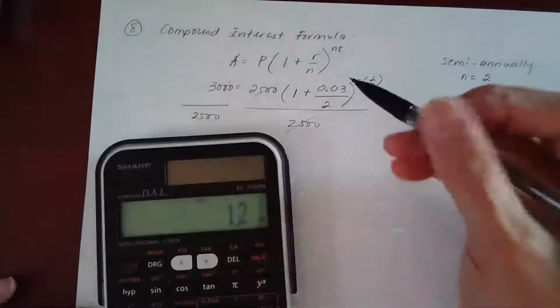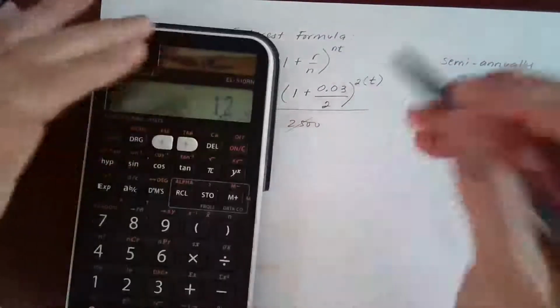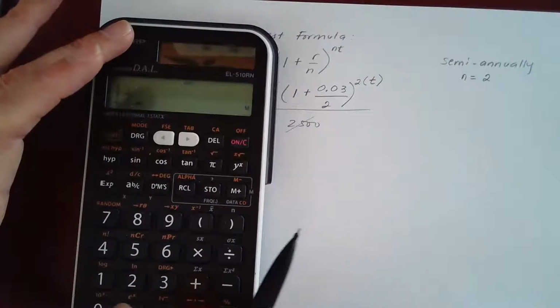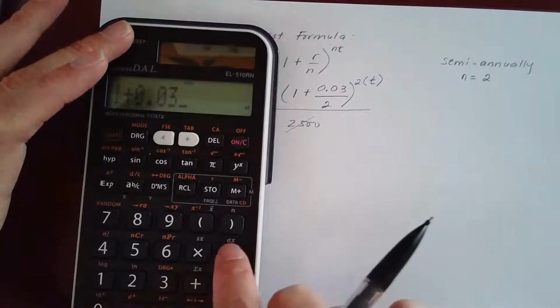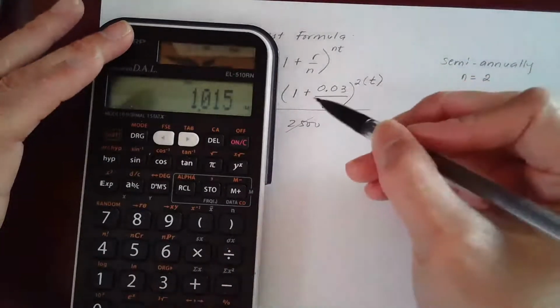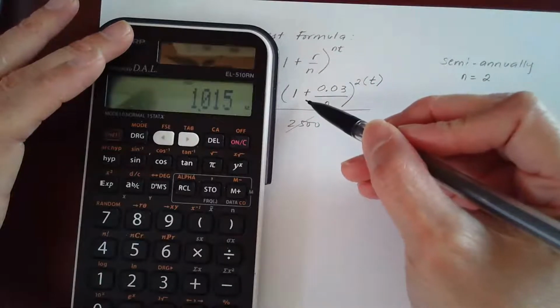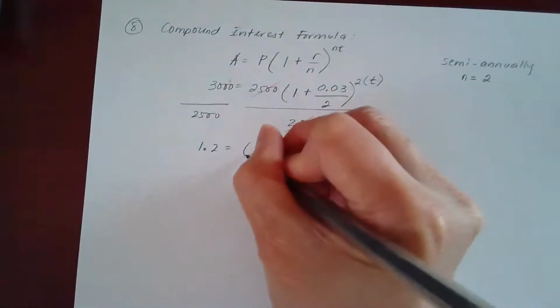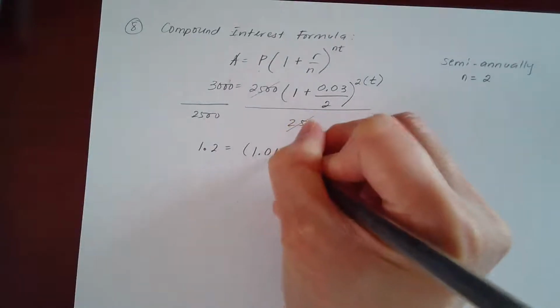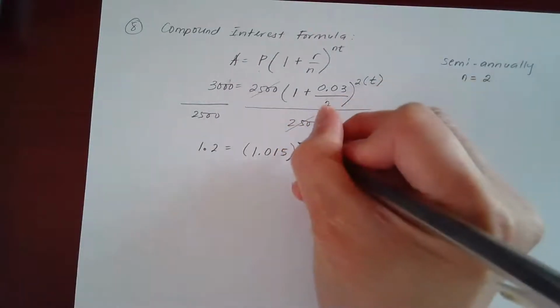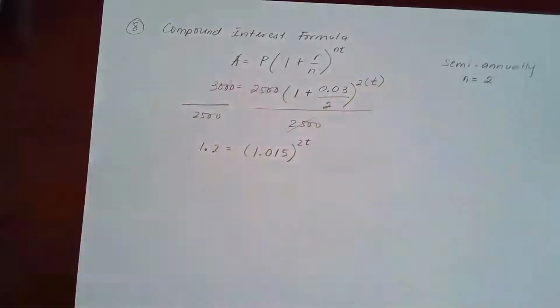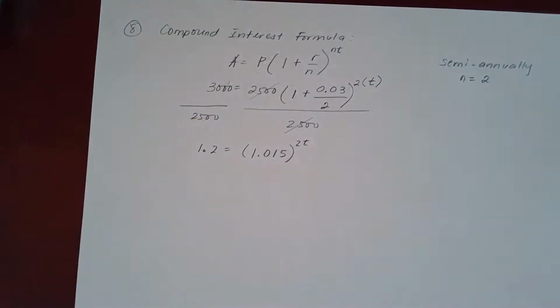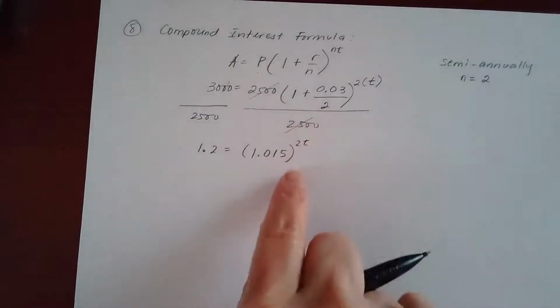Let's see if this is a nice number. I think it is. So 1 plus 0.03 divided by 2 is 1.015. So we don't have to type in all of that. That's a nice way of simplifying all of that.